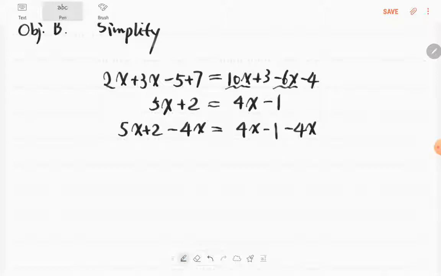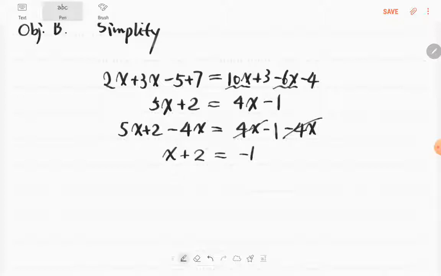Minus 4x. So after we do that, 4x minus 4x will be cancelled out. So we combine the left side. 5x minus 4x, so we only keep x. x plus 2 equals negative 1.